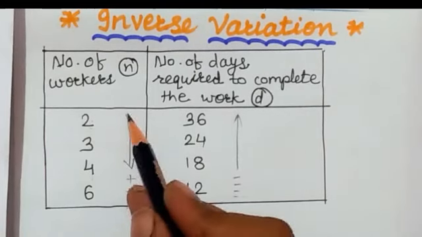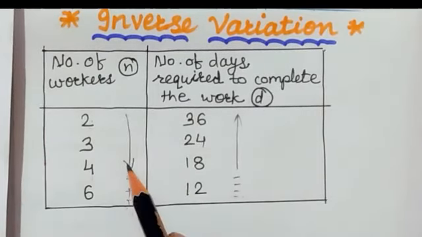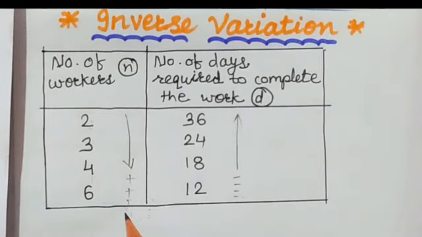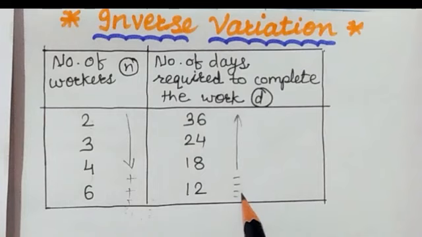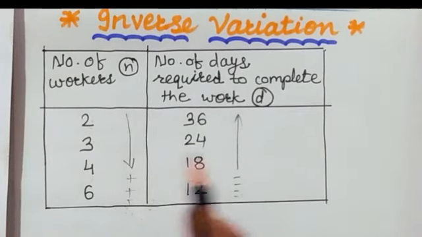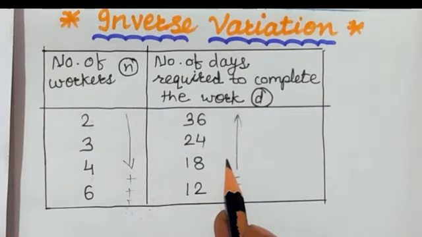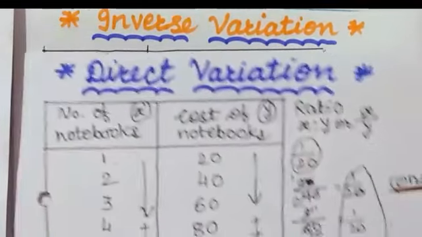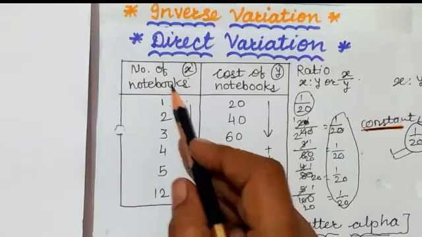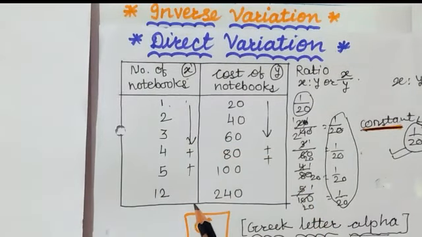Right? Number of workers increases, it means the number is increasing, and the number of days is decreasing. It means that there is a change in this concept. Students, can you remember about the direct variation where the number of notebooks is increasing?